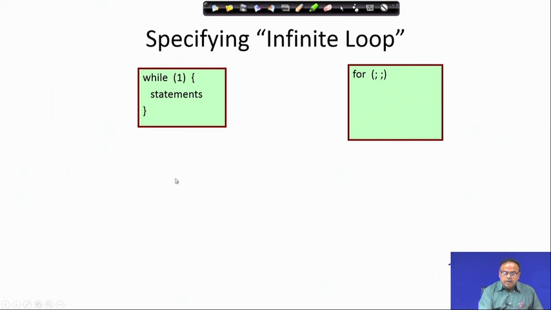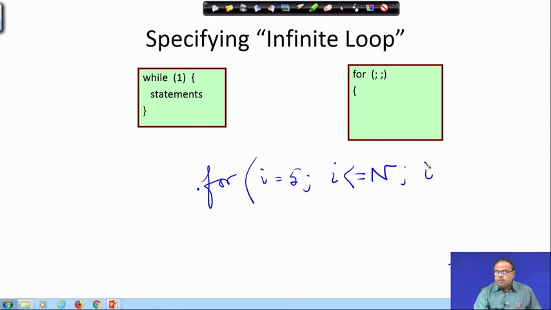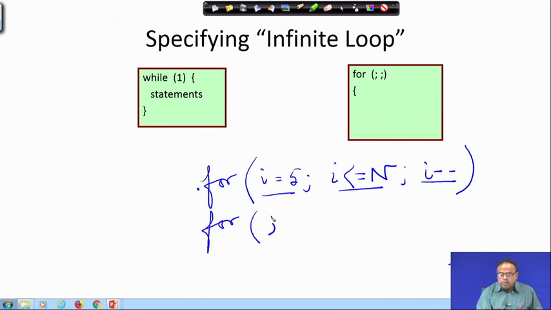That means the for has 3 parts: the initialization part, some condition part, and some incrementation, decrementation part, whatever. Now, I just keep everything blank. So, I turn it to be for nothing and nothing, all these things are blank.